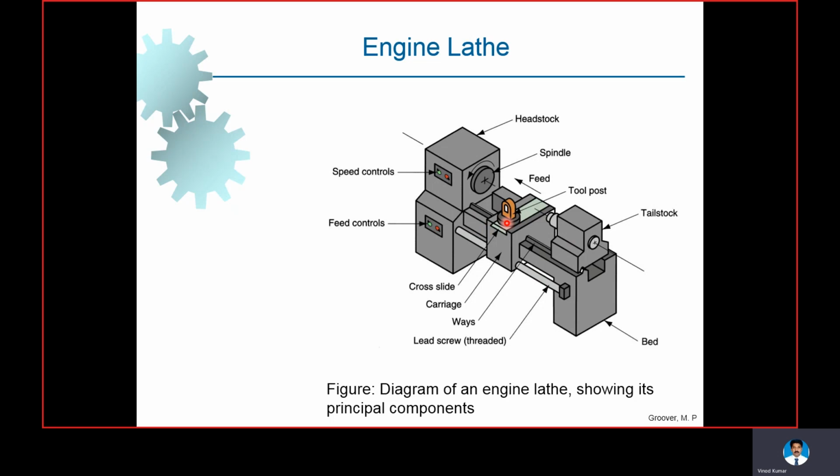So whatever process is required, depending on the process, the tool is fed horizontally, or at an angle for taper turning, or along a profile, etc. So these are the important parts. So we could move the table accordingly. Depending on the requirement, we could move the tool by moving the table.